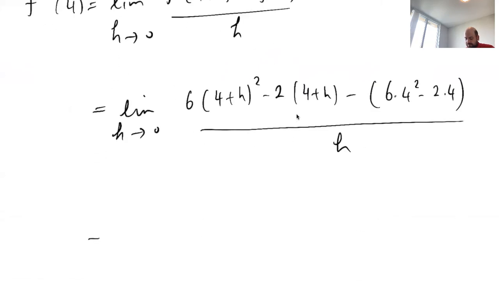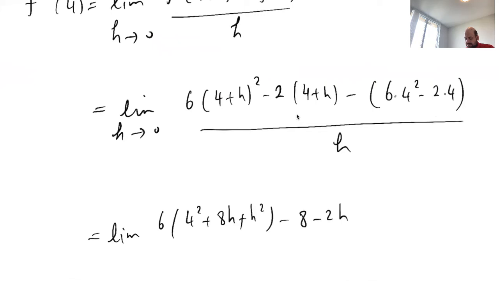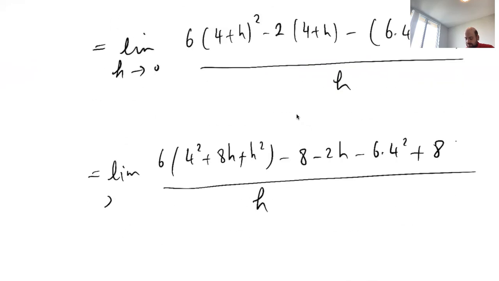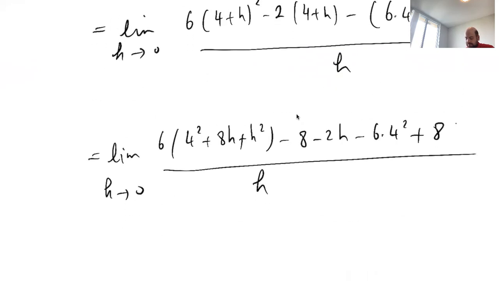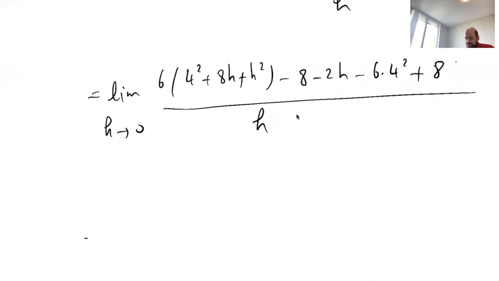Now if we simplify this: 6 times 4 squared plus 8h plus h squared, minus 8 minus 2h, minus 6 times 4 squared plus 2 times 4, or 8, divided by h as h approaches 0. 6 times 4 squared and 6 times 4 squared, they cancel. So then we will be left with 48h, and then minus 2h is 46h.